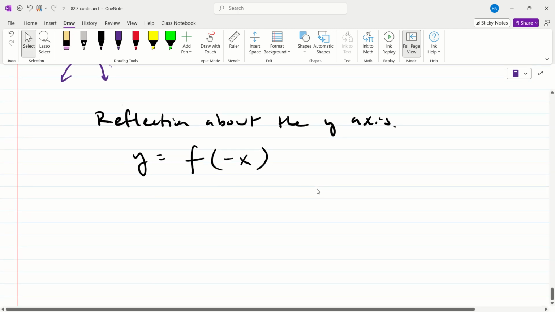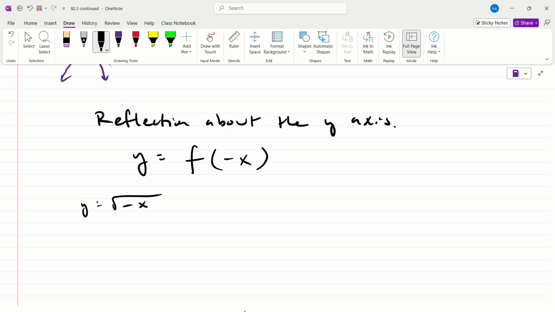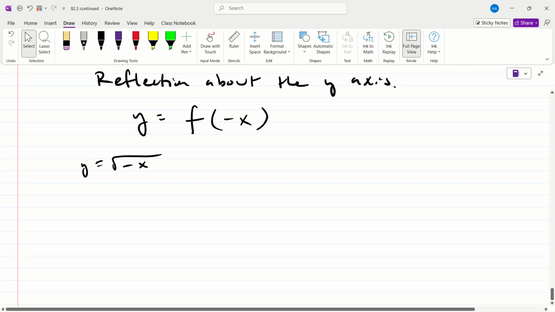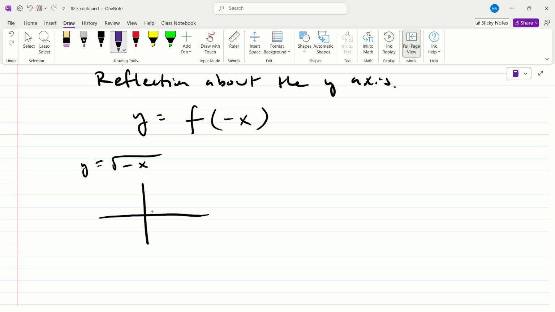For example, let's say that you were working with the square root function, and we're considering y equals the square root of negative x. So you know the graph of square root of x looks like this.